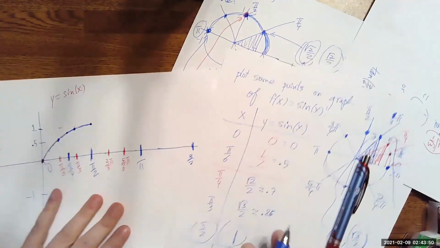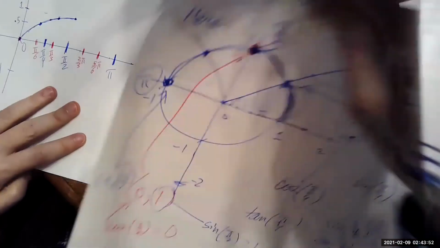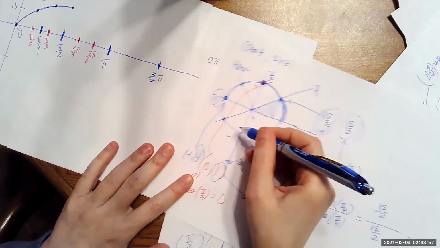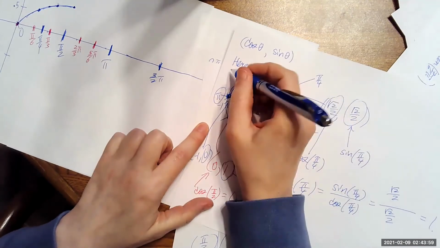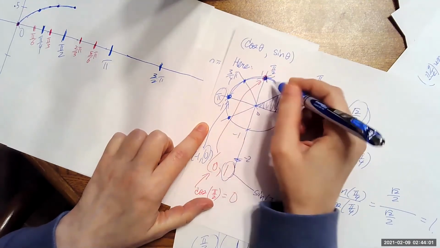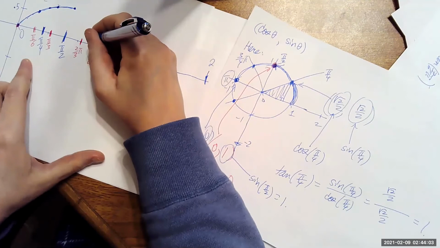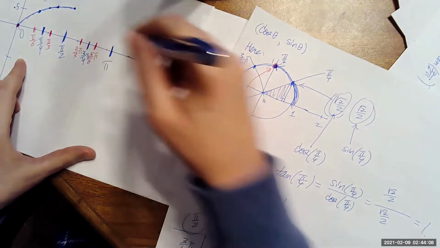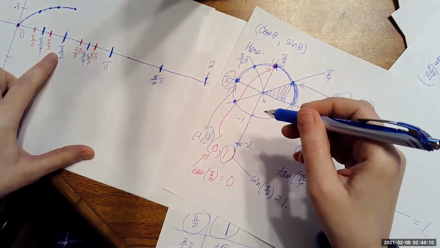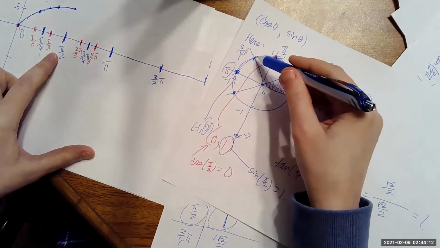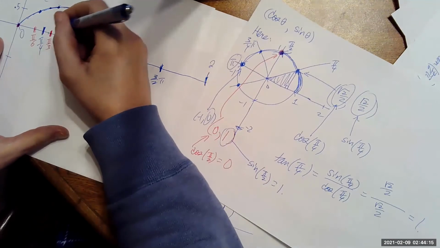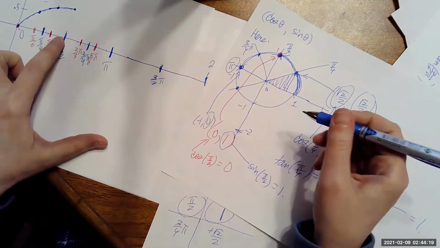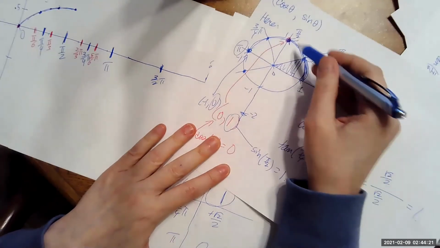If we plugged in other numbers on the unit circle, how about we plug in 3/4 pi. That would be here. Yeah, actually, sorry, that's right. So we get 1/4, 2/4, 3/4 pi.